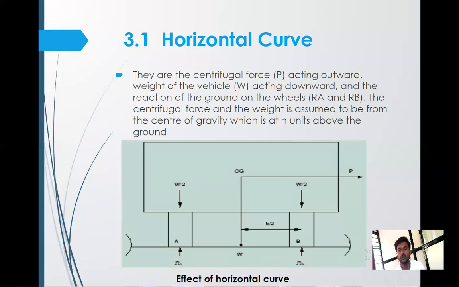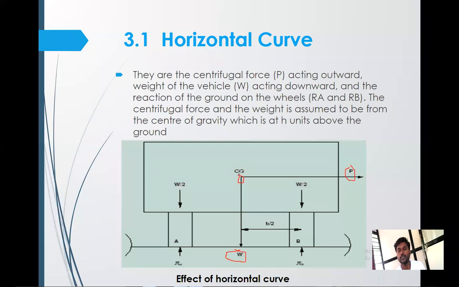The centrifugal force and the weight are assumed to act from the center of gravity, which is at h height above the ground. The P force, centrifugal force, and W self weight are assumed to act from the CG of the vehicle.